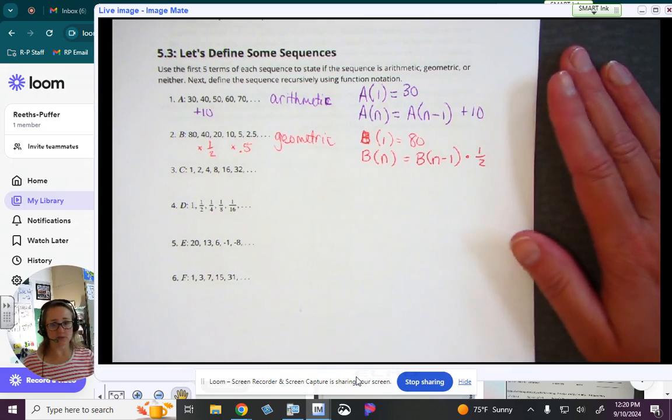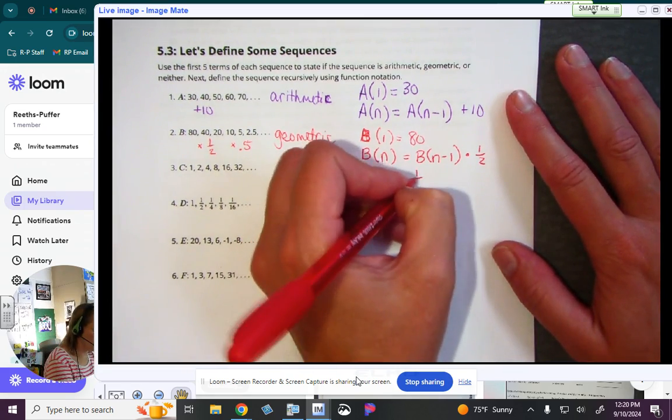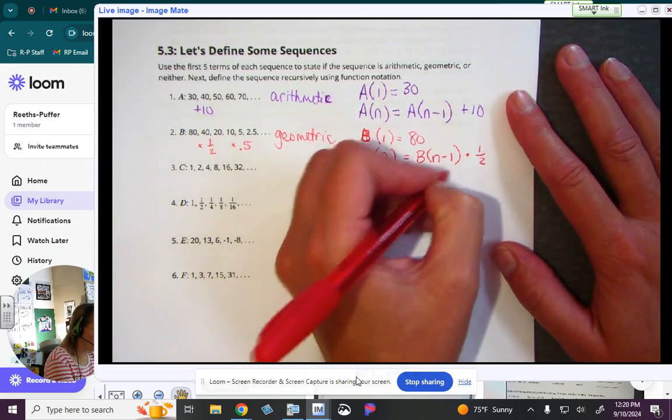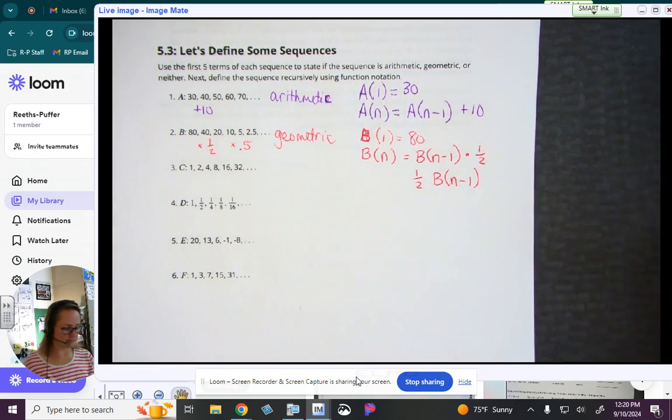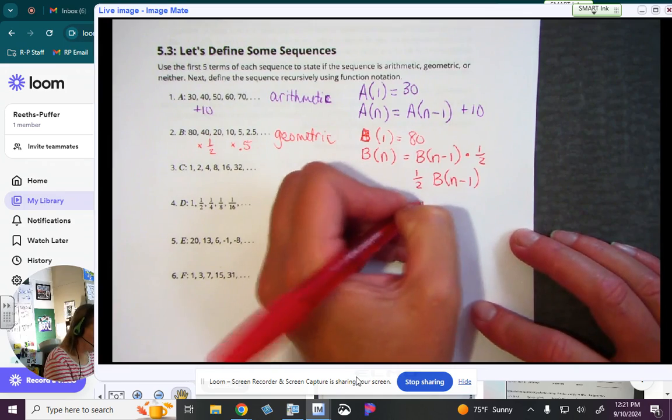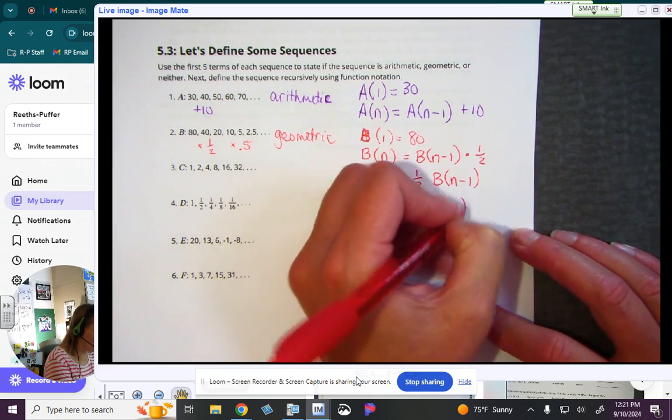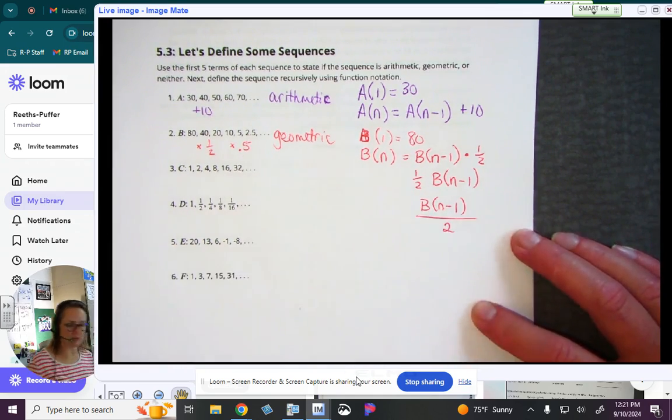Now there's lots of ways to write this. We could do 1/2 of B of n minus 1, or we could do B of n minus 1, the prior term, all divided by 2.